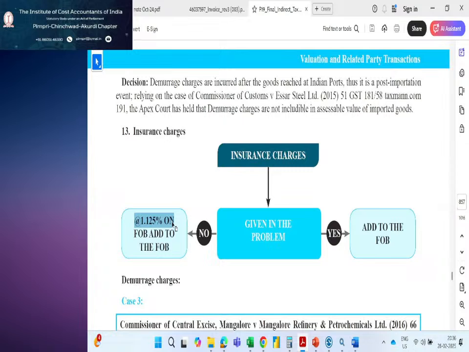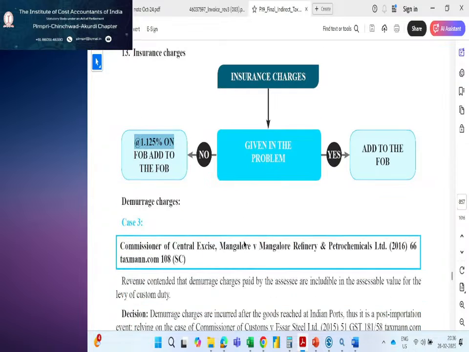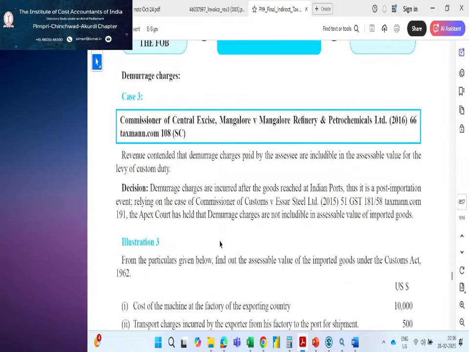If it is more than 20% of FOB, then you should cap it at 20% of FOB. If sea freight is given, directly add the sea freight. If not given, then you need to manually add 20% of FOB.